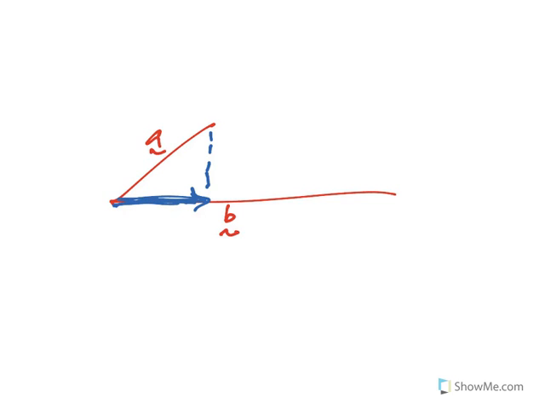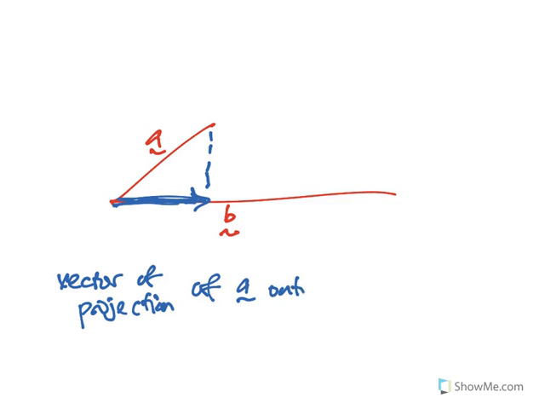We call it the vector of projection of A onto B. So for this, we call it A dot product with B hat, multiplied by B hat, no bracket needed. The proof is in your comprehensive notes. I'll make a video if you need, but you must remember, this one comes out every year.